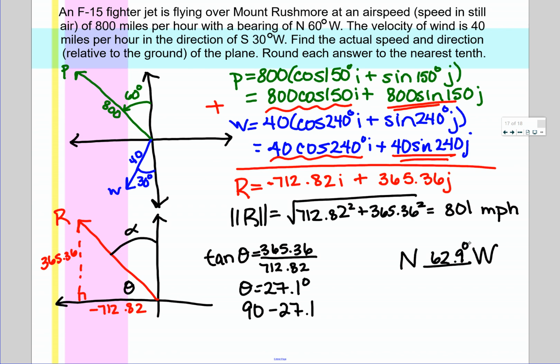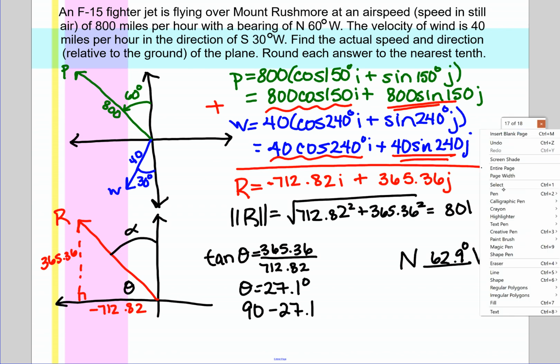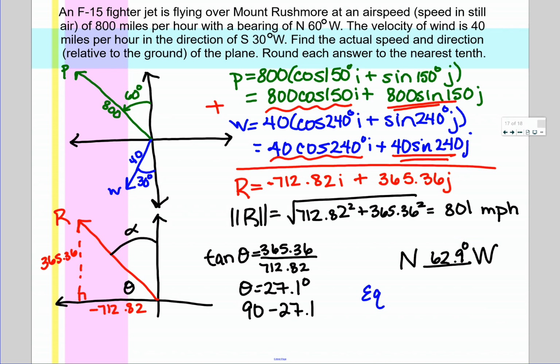Okay. We're not going to do the last example. I do want to tell you, though, if you see a problem that says equilibrium, after you find a resultant, some problems may ask, what vector can you add to the resultant to get equilibrium? Equilibrium means what can you add to it to get 0, for it to cancel out? Well, if this is my R, what would I have to add to get a 0 for both of these?